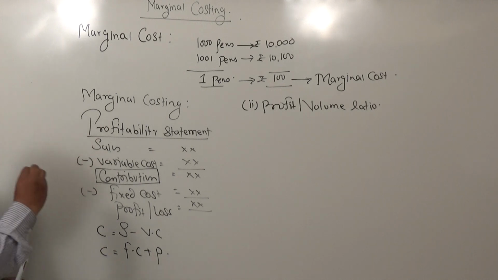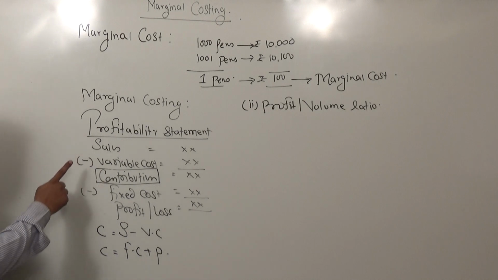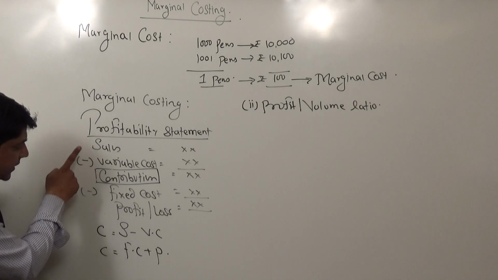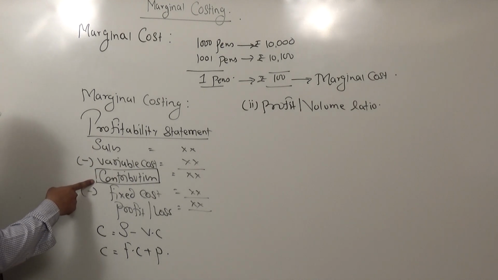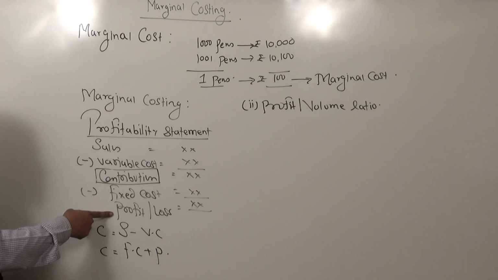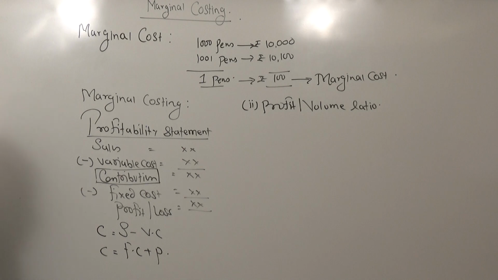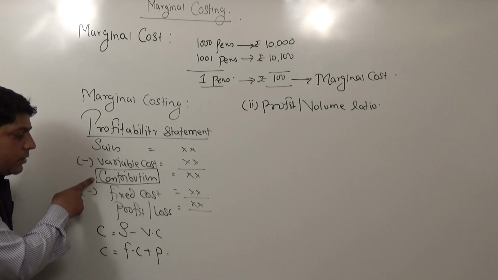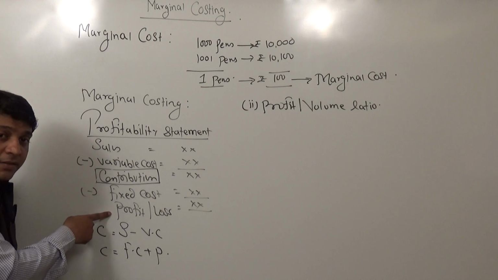If you properly analyze my profitability statement, I may say that my sales is directly related with contribution, and my contribution is directly related with my profit. So from the profitability statement, I can analyze sales is directly related with contribution and contribution is directly related with sales.